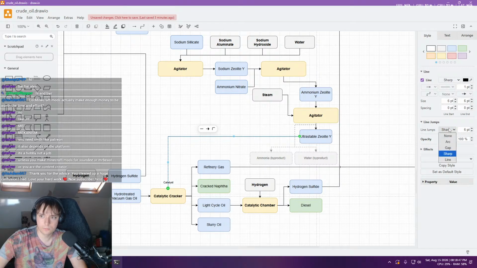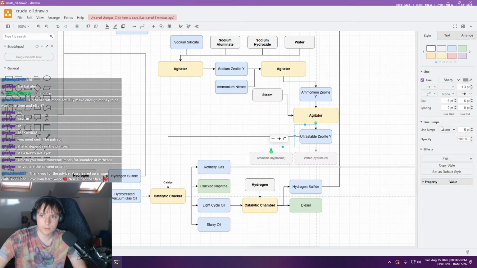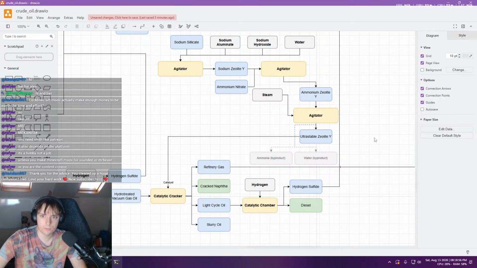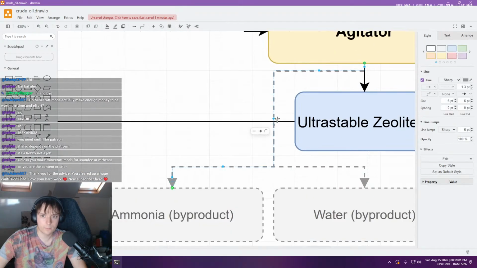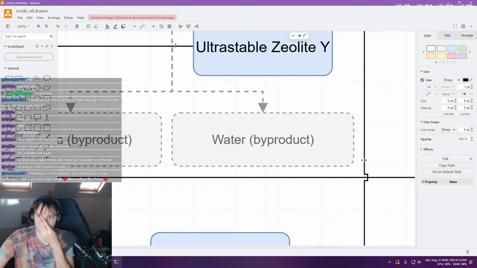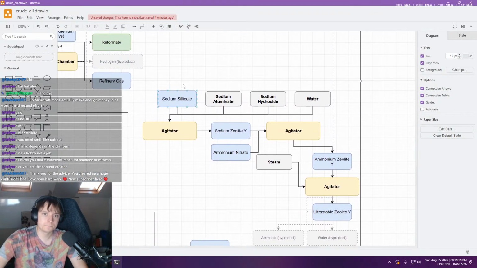Oh, it didn't. Probably because of the gaps. Might need to be this one. I don't think that's the right one though. It is, I think, but it's just weird. Whatever. That's good enough for me. So that goes into there.